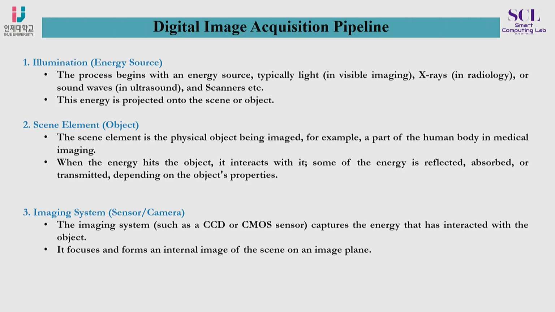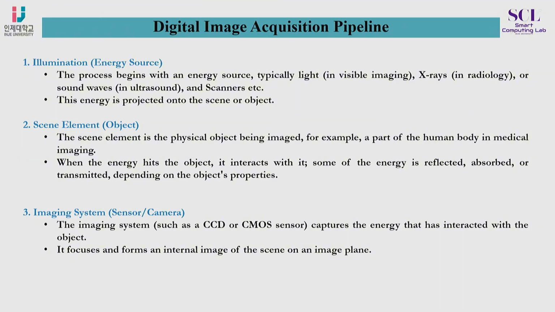These are the things I have already explained. For example, the process begins with an energy source, typically light, and in invisible imaging, X-rays. For example, if it is X-ray imaging, then in radiology, X-ray will be used. And in ultrasound imaging, we use ultrasound waves. And for example, in digital pathology, we use different kinds of scanners.